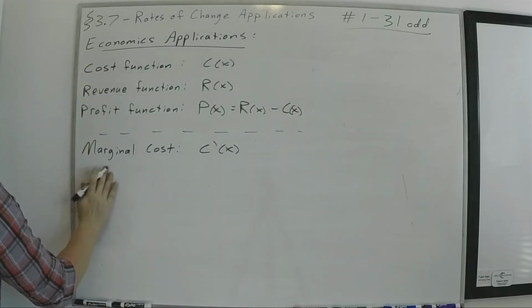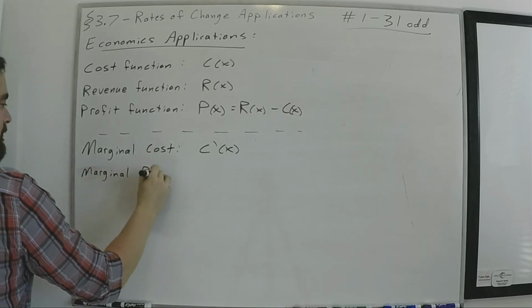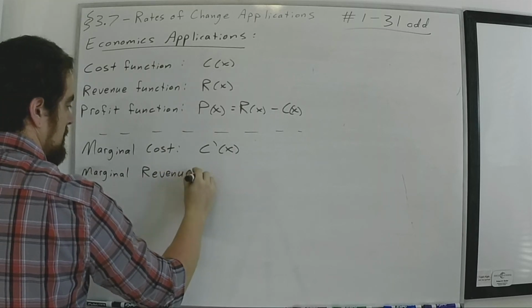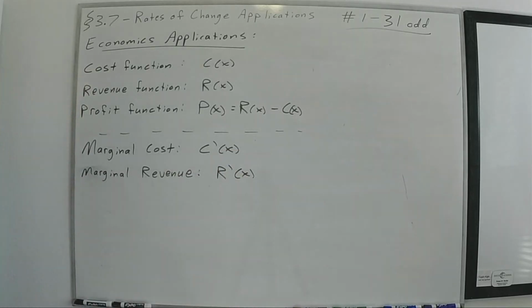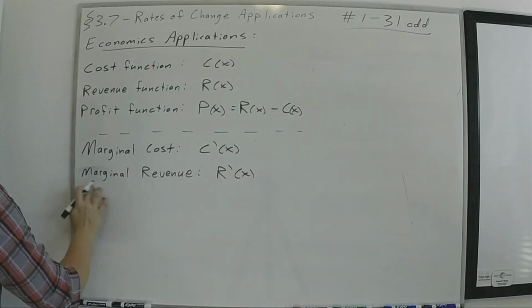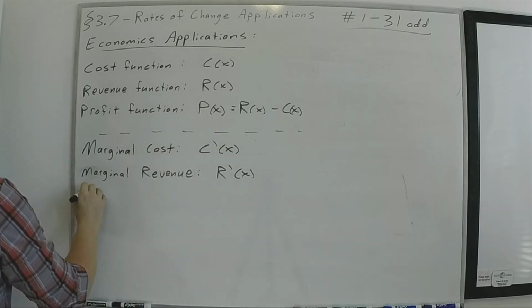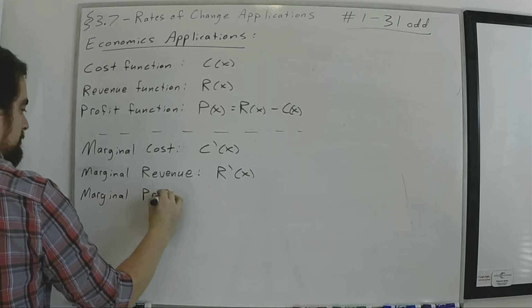Then we have marginal revenue. Again, same thing. Basically, it's just saying r prime of x. What is your revenue if you make the next unit? How is the rate of change of your revenue? Is it going up? Is it going down? And you guessed it, marginal profit.